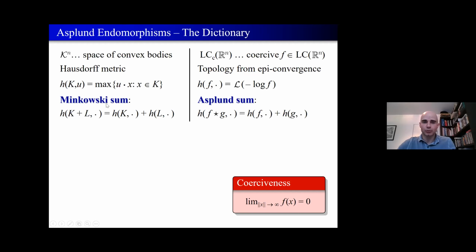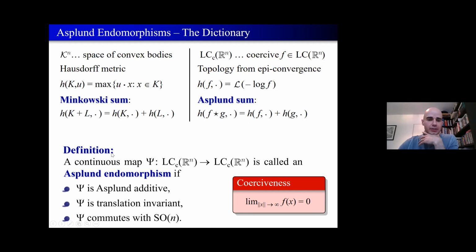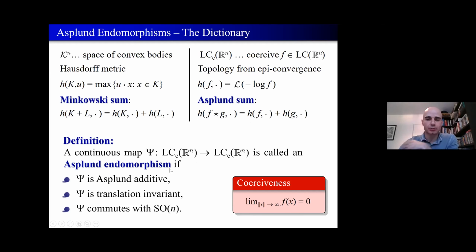So for convex bodies, we have Minkowski sum. And for log-concave functions, you just take Asplund sum. Asplund sum is usually defined in a different way, but it's very convenient to define it with the help of these support functions. And this is all we need to just replace Minkowski endomorphisms by Asplund endomorphisms.